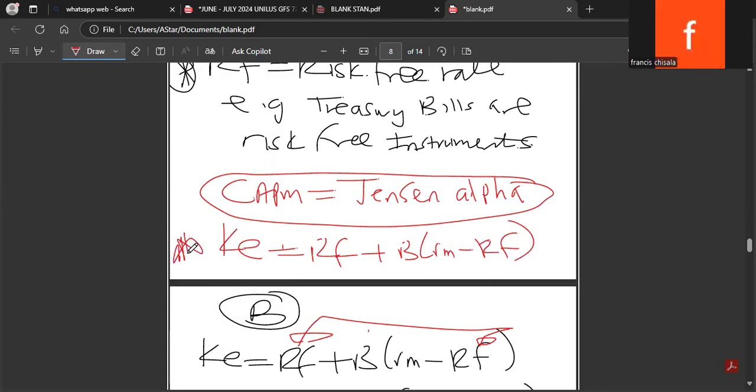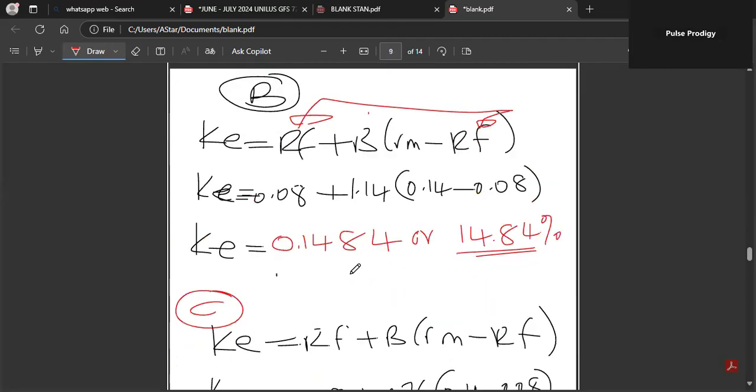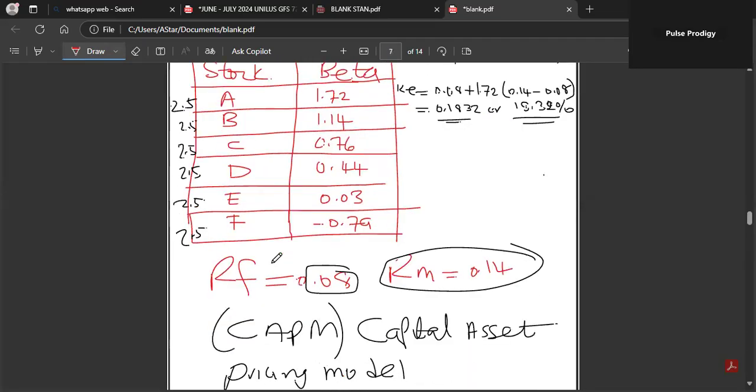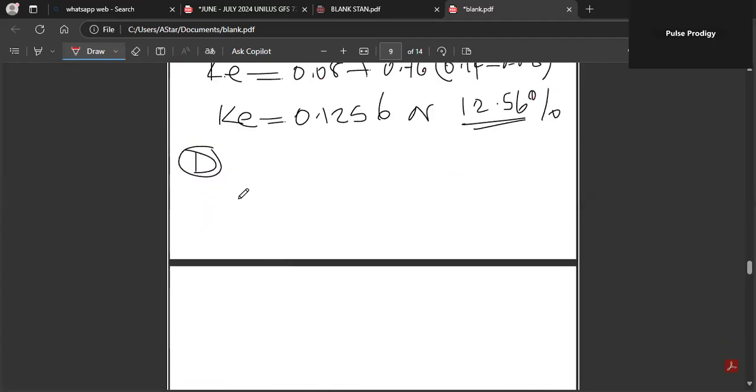Yes, sir. Okay, so similarly, we can find for D, where what is changing is 0.44. Our KE is equal to 0.08 plus 0.44, 0.14 minus 0.08.